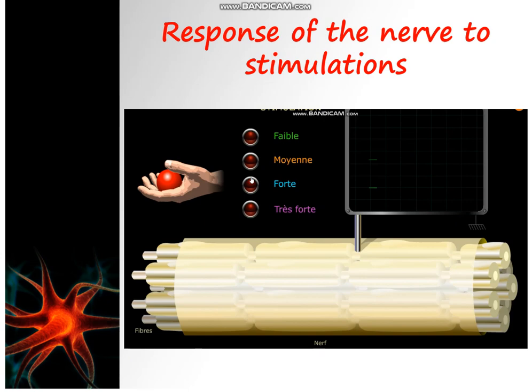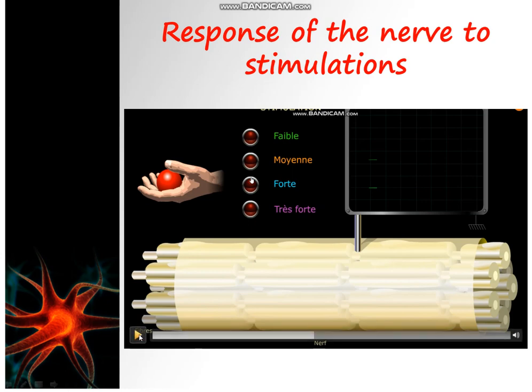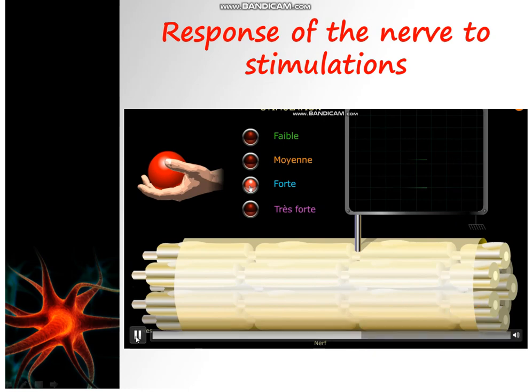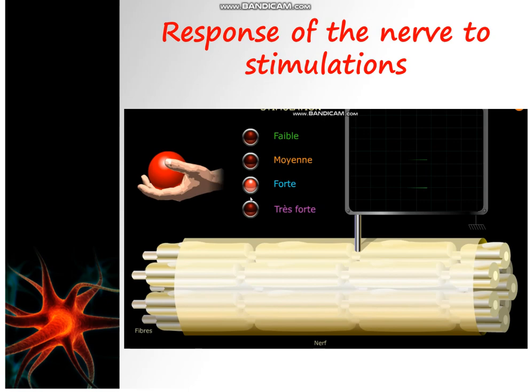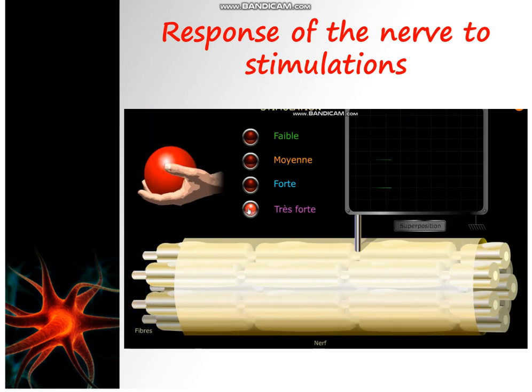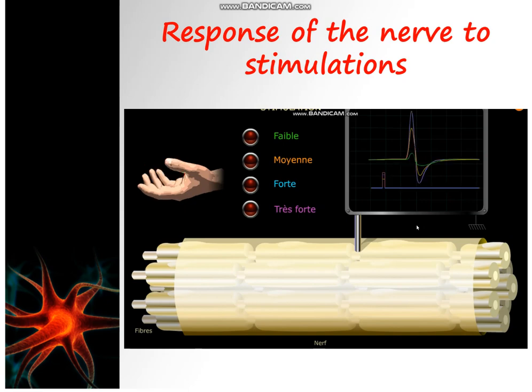Now let's see what happens if we use the strong intensity. As you see, all fibers in the nerve are now stimulated and activated. What about the very strong intensity of stimulation? Also in this case, all fibers are stimulated.